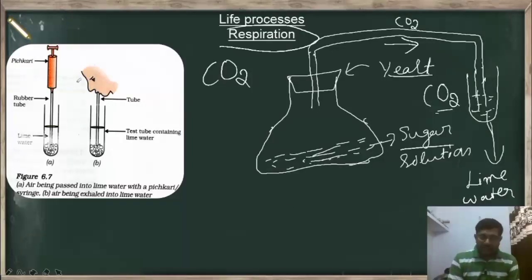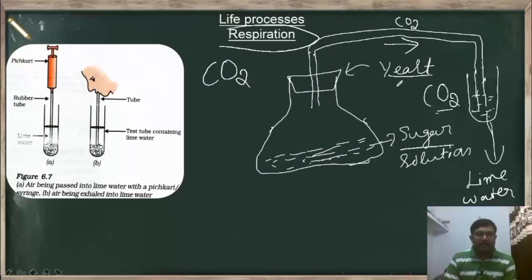If you look at the first activity we did, humans inhale oxygen and exhale carbon dioxide, right? So organisms that use oxygen for the respiration process are called aerobic organisms.